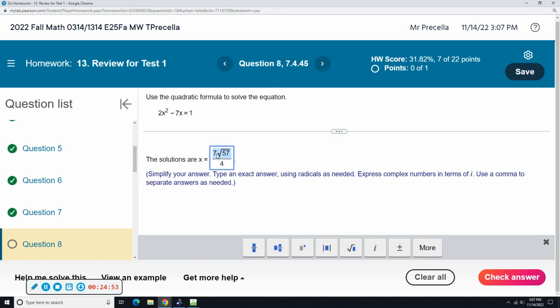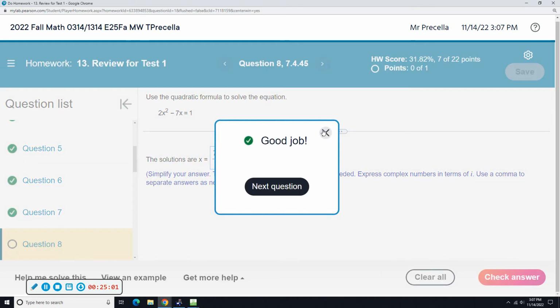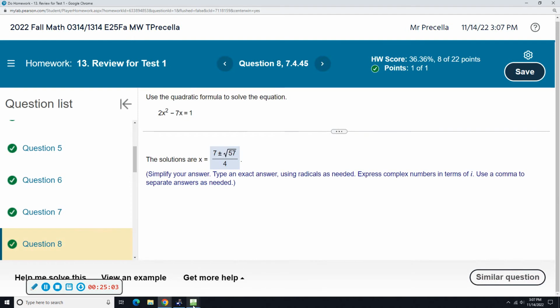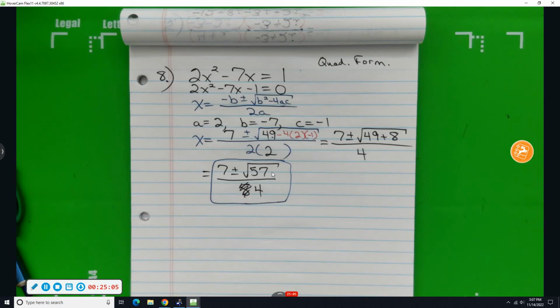What should I have had there? A plus or minus, the plus or minus hot button. Any questions there? I like it when that thing can't be reduced, because then you're through with the problem. Any questions?